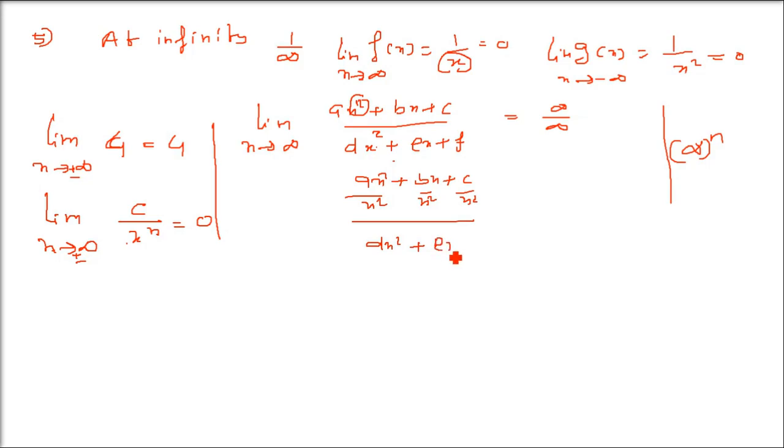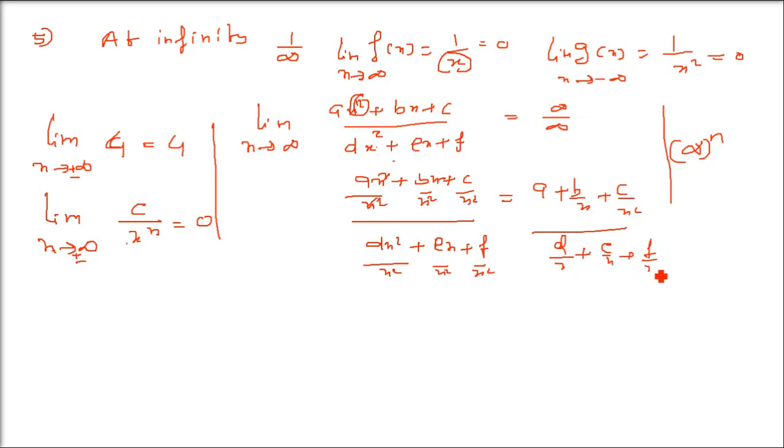So dx square plus ex plus f, again divided by x square. If it would have been x cube, we would have used x cube. So what do you get? A, here you get b by x, here you get c by x square. Similarly, you have d here, and then e by x plus f by x square.